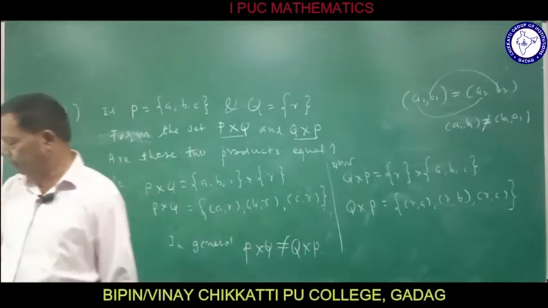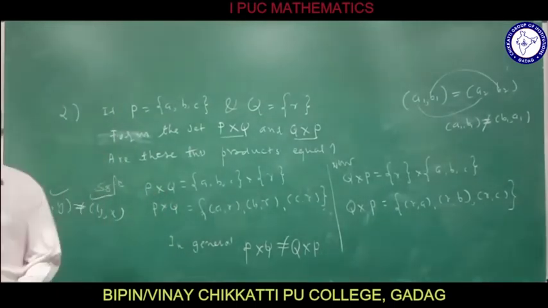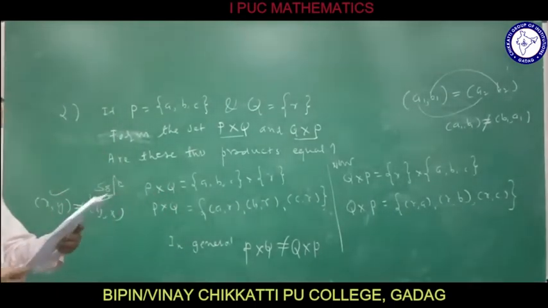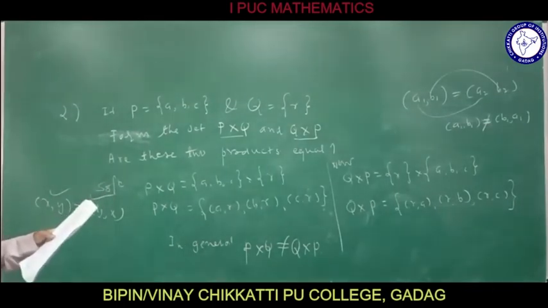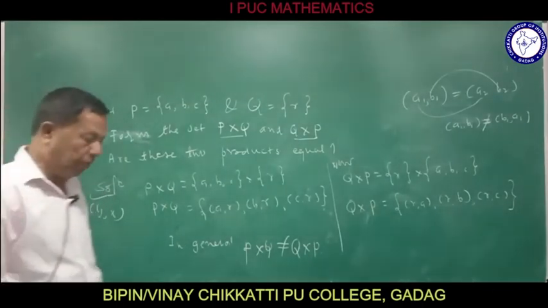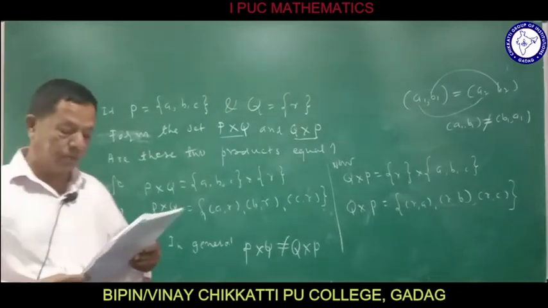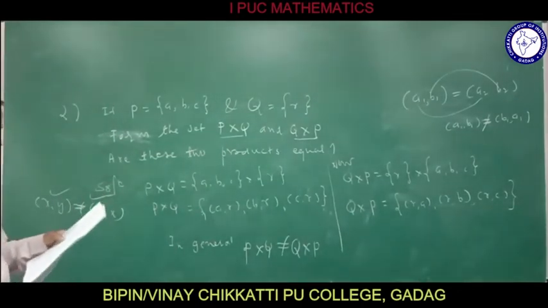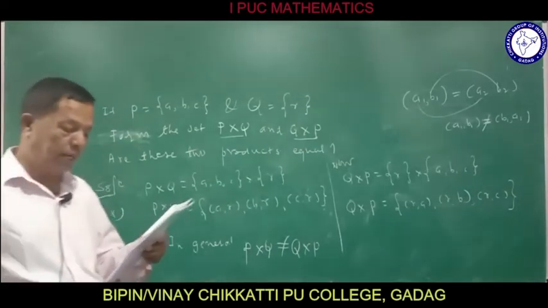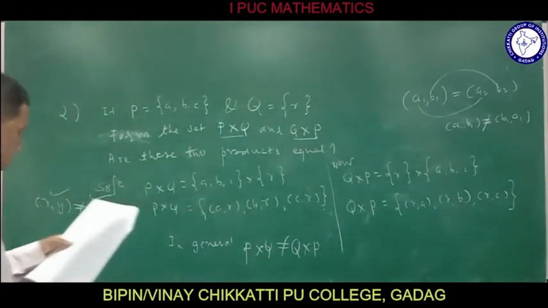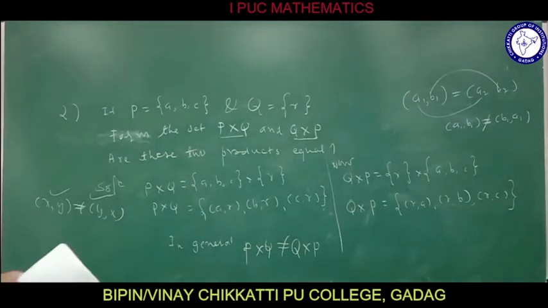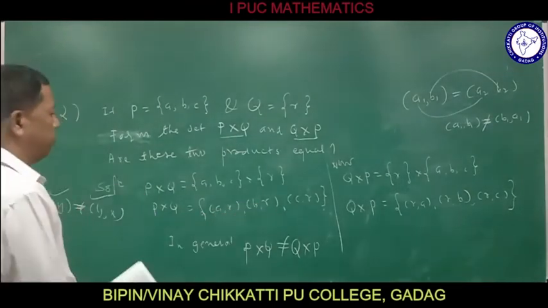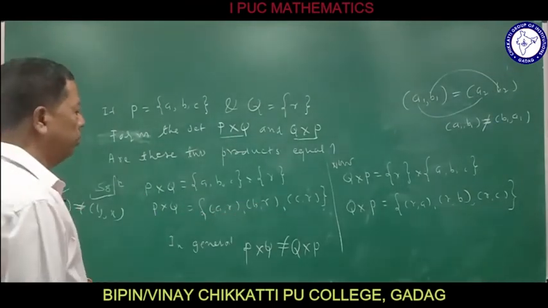That is why they are not the same. Now you can understand what we have done in this case. Because of the definition of equality of ordered pairs, (A, R) is not equal to (R, A), and we conclude that P cross Q is not equal to Q cross P.